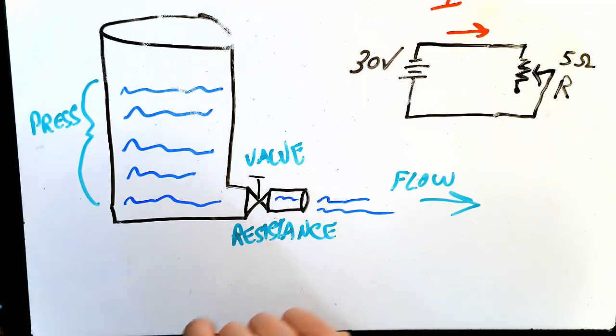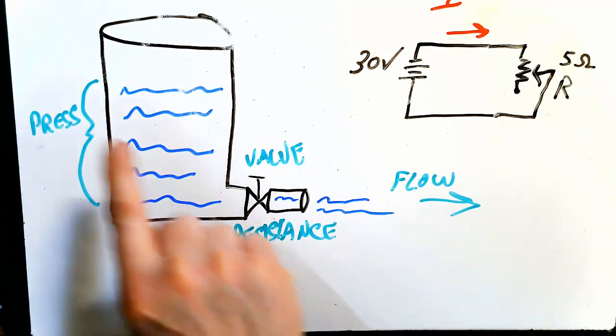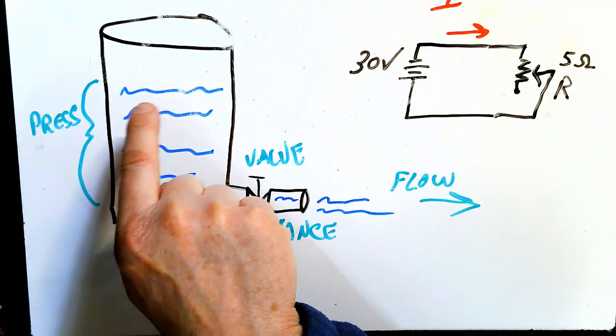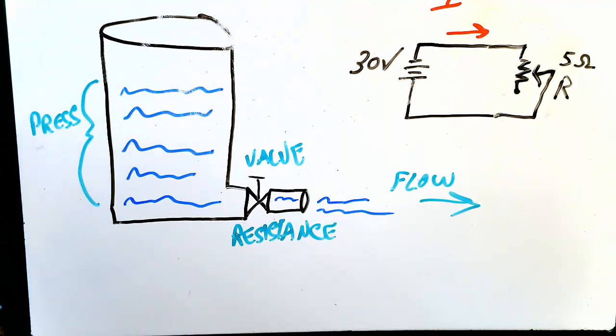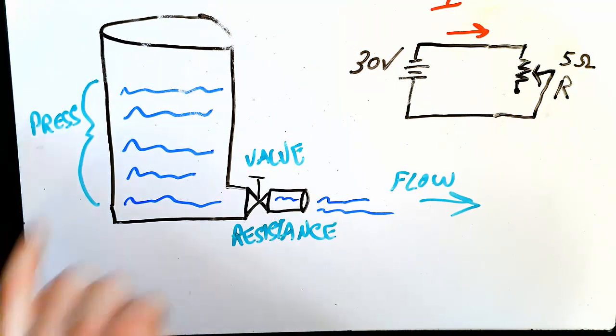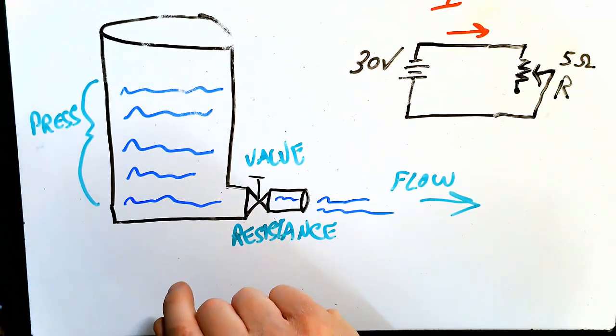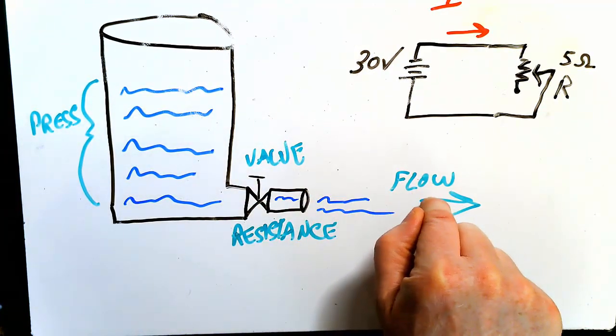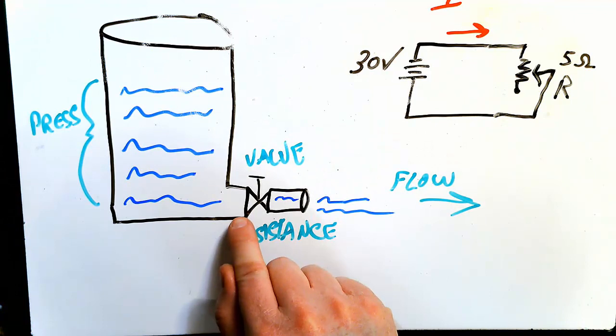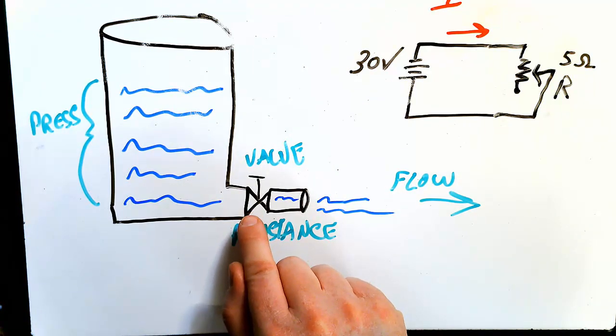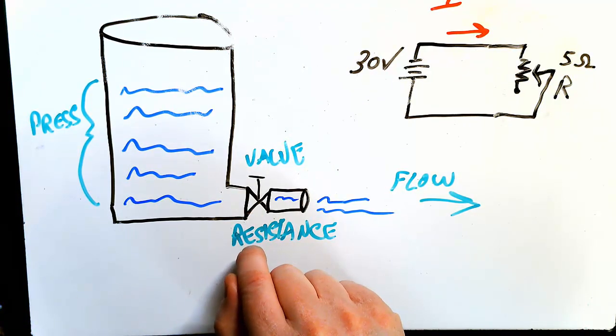The more we open up the valve, the less resistance we have there, the greater the flow, as long as the pressure stays constant. Let's say if we had an automatic filled tank here, which would keep a certain level, we would have a certain flow that would stay steady as long as this valve position stayed the same.